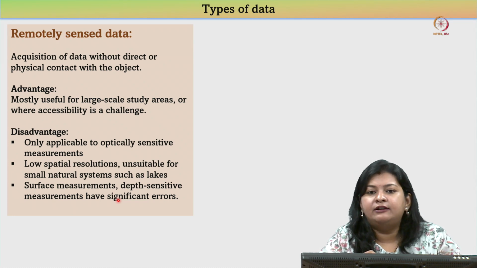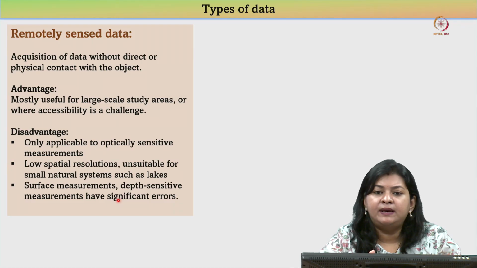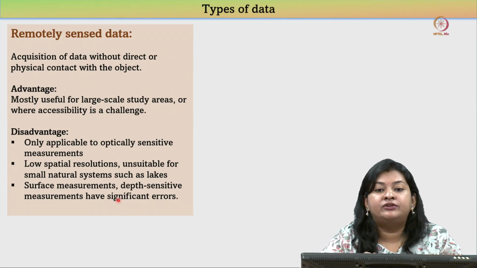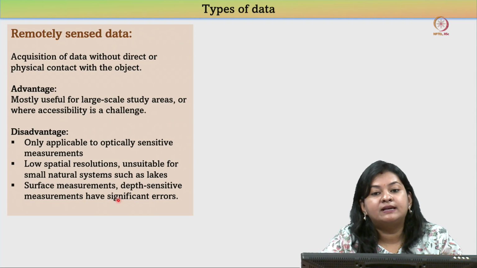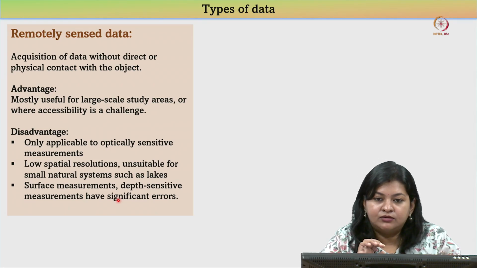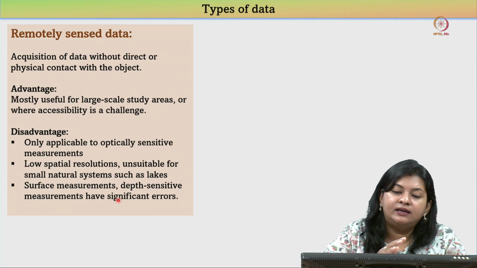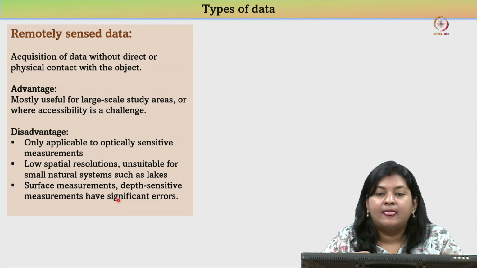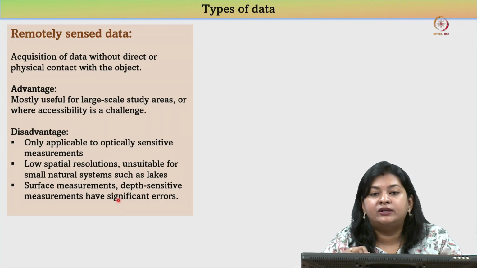So, these kind of data sometimes will be available with the remotely sensed data sets. Also, what will happen is that the spatial resolution sometimes can become a problem. Why? Because the satellite is passing, and the area that is covered is called the spatial resolution.